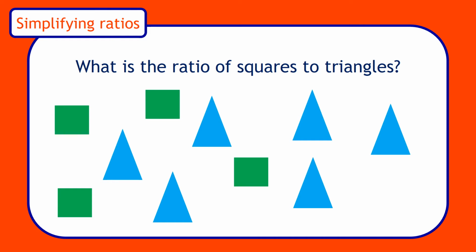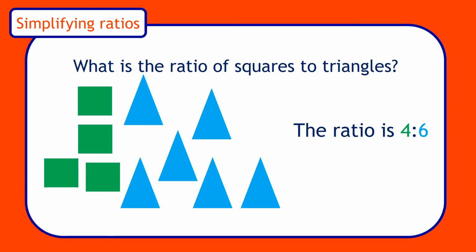What is the ratio of squares to triangles here? If we count them up, we can see that we've got 4 green squares and 6 triangles. So the ratio is 4 to 6.